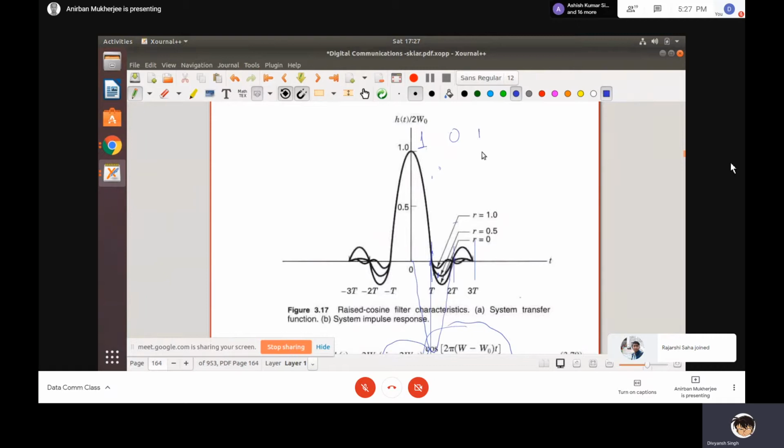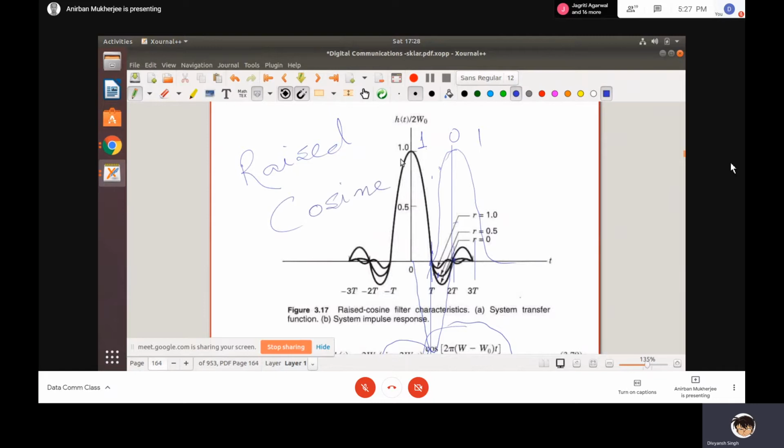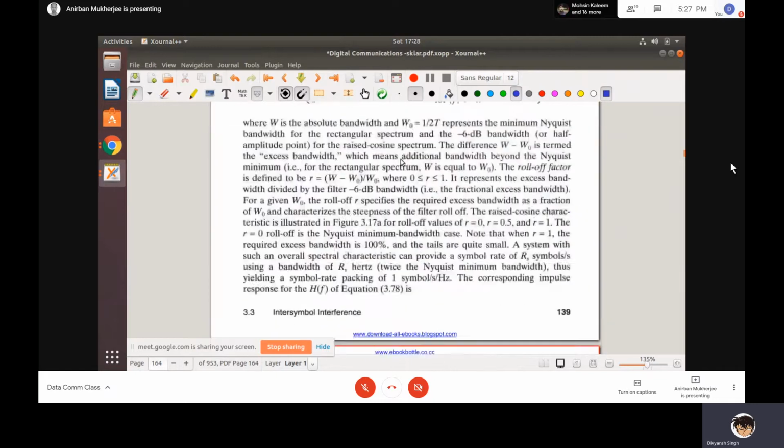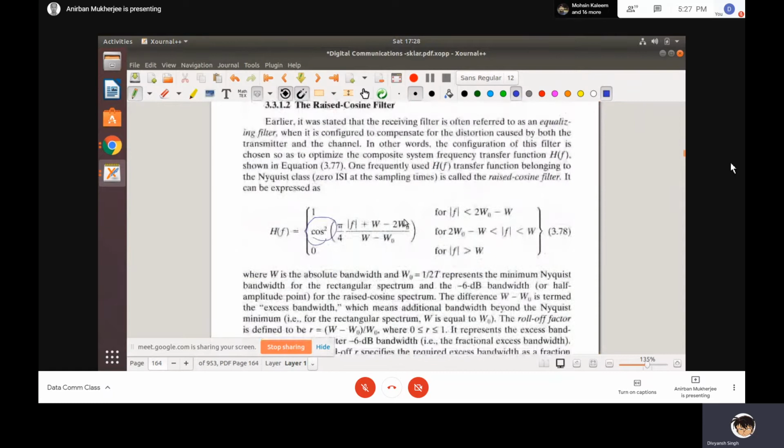Then say 1 0 1. Then here again it's the same kind of thing you are transmitting. So this is some sort of a raised cosine filter. Raised cosine means your transfer function has some cos square term.